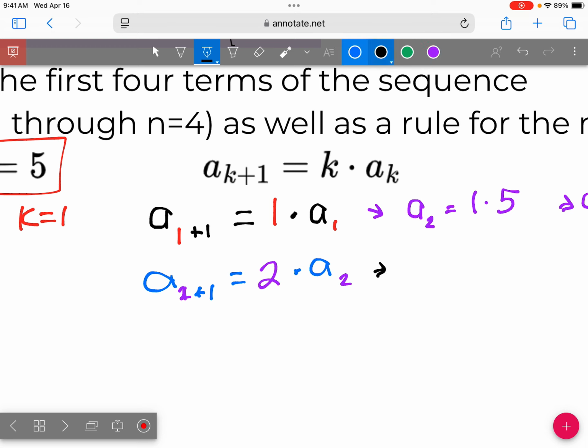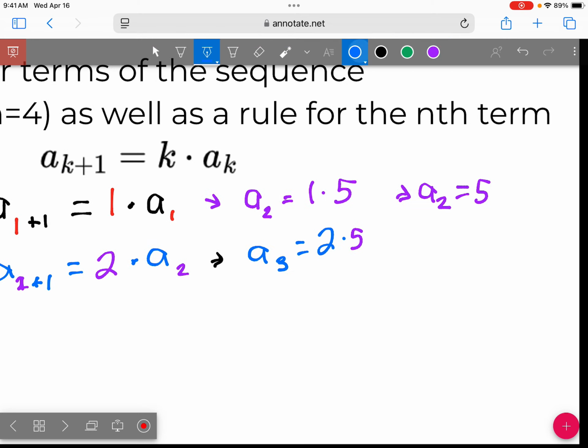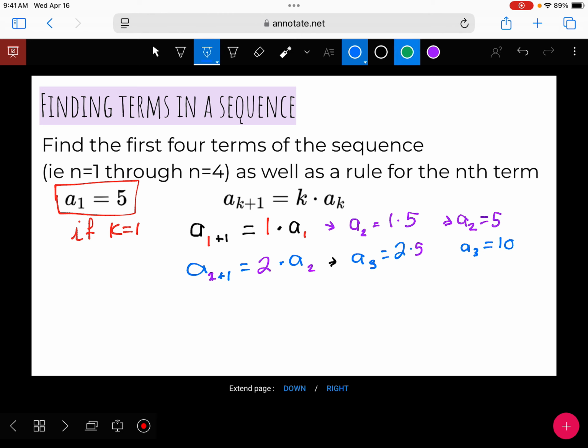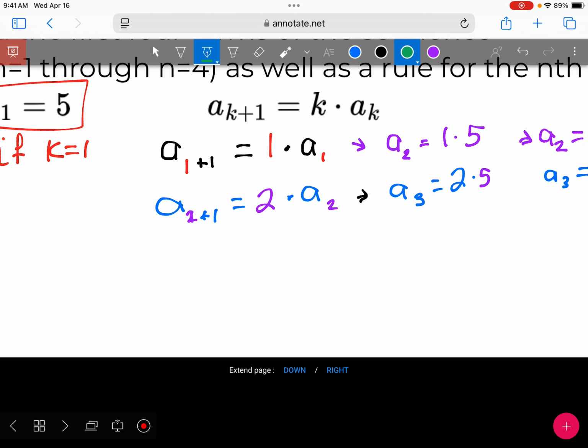So a sub 2 is 5, so a sub 3 equals 2 times 5, which is 10. So a sub 3 equals 10. Then we'll have our a sub 3 plus 1, because that's going to give us a sub 4. That's what we want.